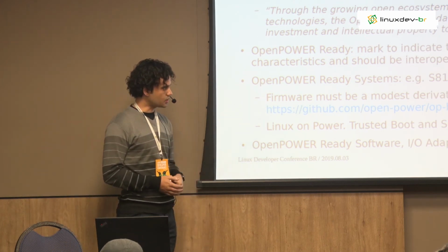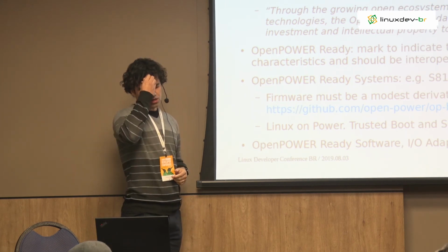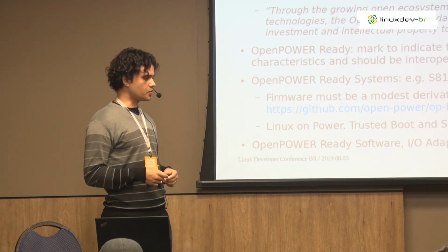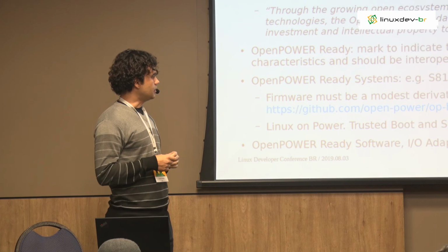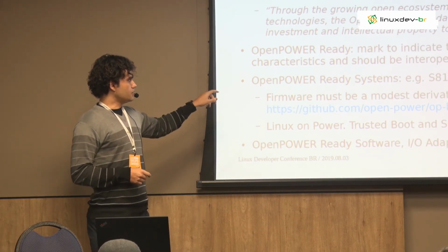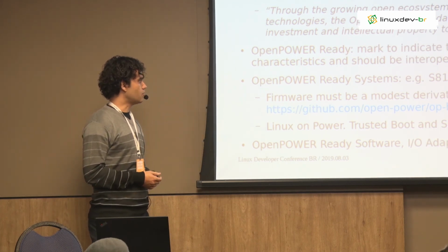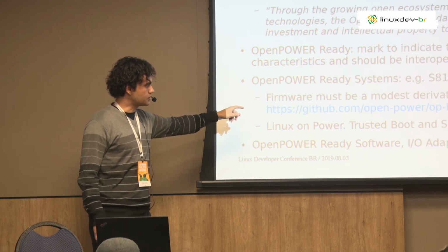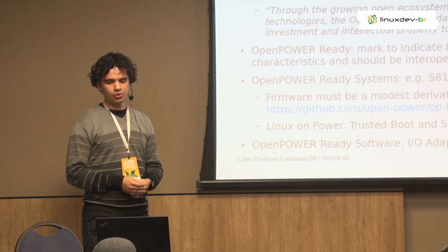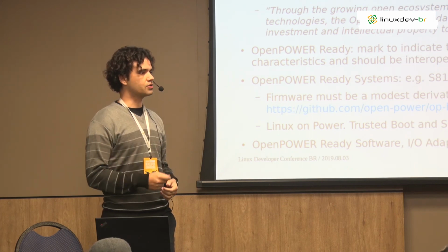So I gave you 4 examples, and according to the OpenPOWER compliance definition document specified by the OpenPOWER Foundation, the firmware of these systems must be a modest derivative of the op-build. And op-build is an open source tool that we use to build the firmware of an OpenPOWER system.